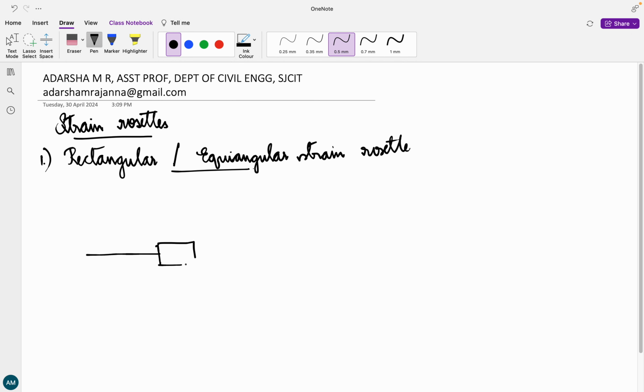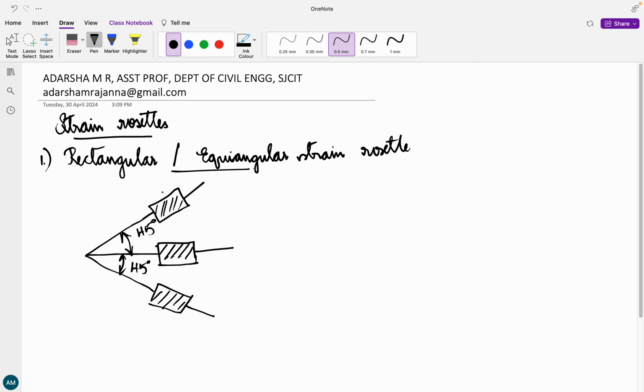Alright, so it will be represented as, this is your strain gauge. So this is another strain gauge. So there has to be 3, always 3, no less or no more. It is called equiangular, so 45 degrees each. Alright, so this is gauge 1, gauge 2, gauge 3.